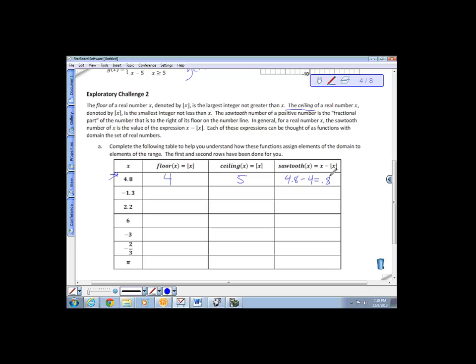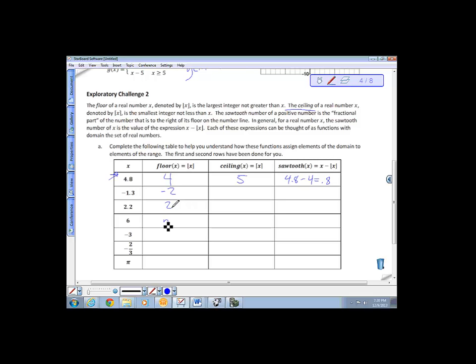Okay. Now negative 1.3. We'll do this real quick. The floor of negative 1.3 is negative 2. The floor of 2.2 is 2. The floor of 6 is 6, because there's no decimal.